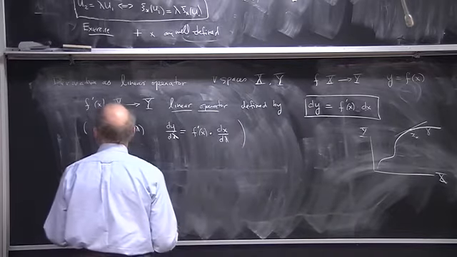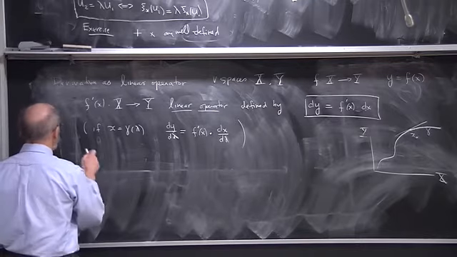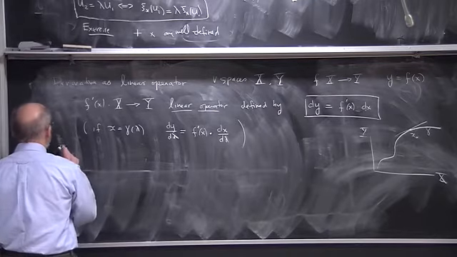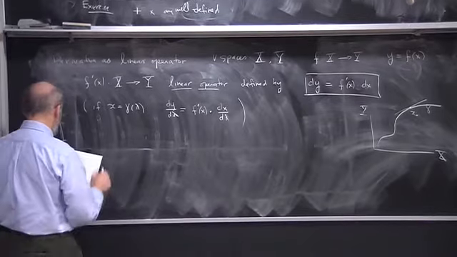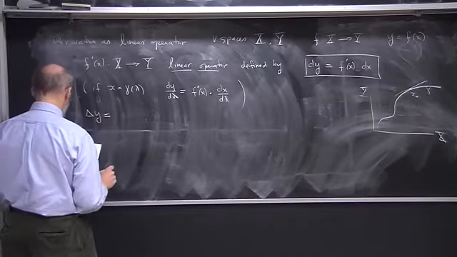This delta y can be approximated by a linear function of delta x. In fact, here I'll give the formal definition. This is the Frechet derivative, as it's called.